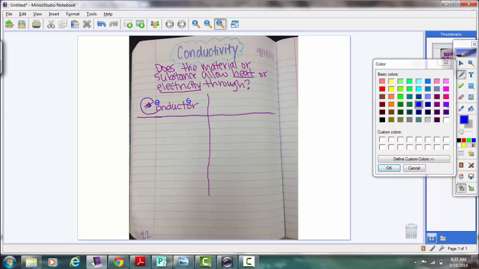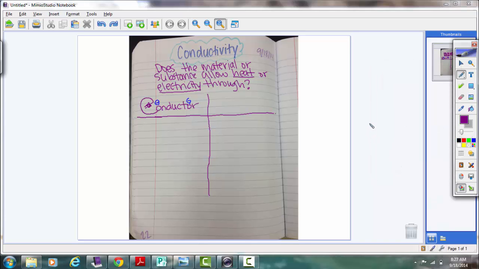On the other hand, we have an insulator, which will do the opposite. So conductors let heat or electricity pass through, while insulators make it slow down or stop. So when we write insulator, we're going to make our I a stop sign. And then we're going to write the rest of the word.